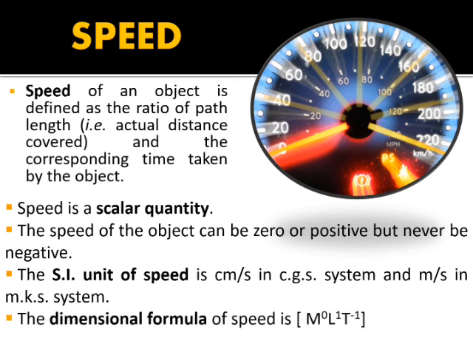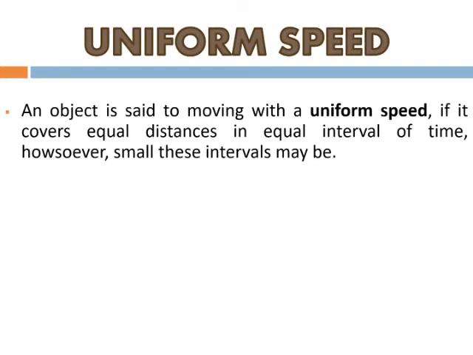The dimensional formula of speed is M^0 L^1 T^-1. Uniform speed. An object is said to be moving with a uniform speed if it covers equal distances in equal intervals of time, however small these intervals may be.